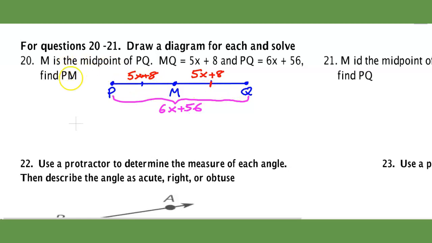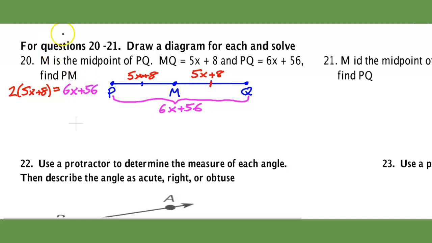So we can add these up and solve, just like we did on that last one. Let's see. So I have 2 times 5x plus 8 will add up to the long segment, 6x plus 56.